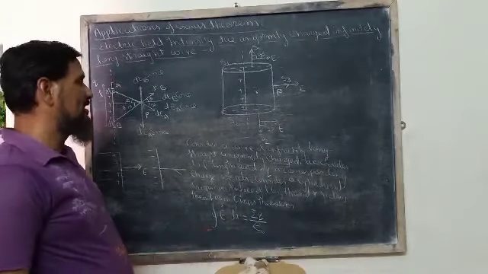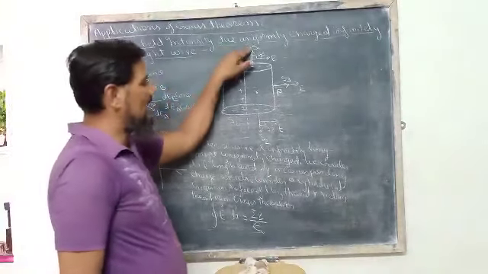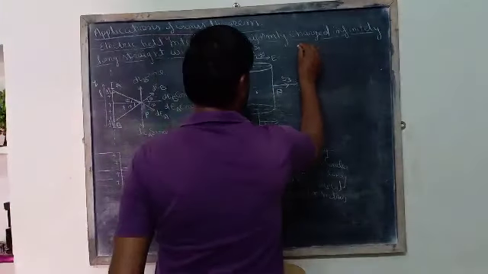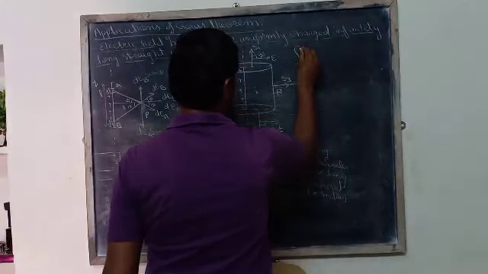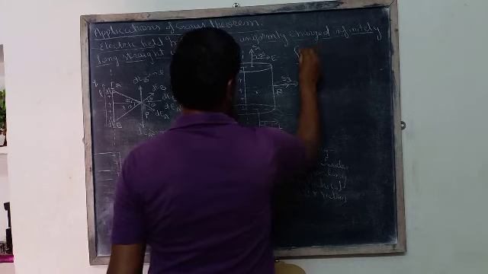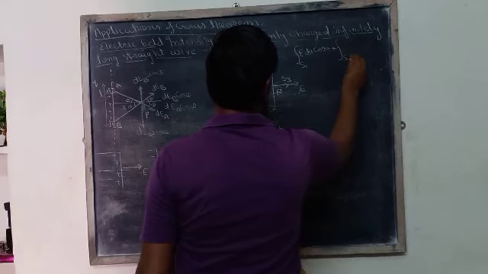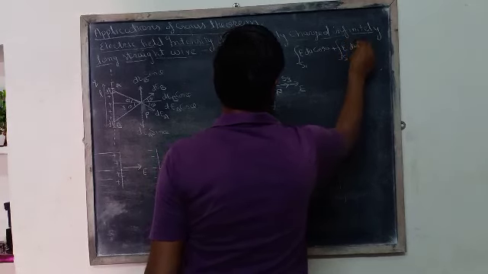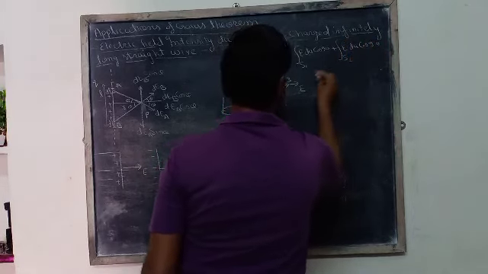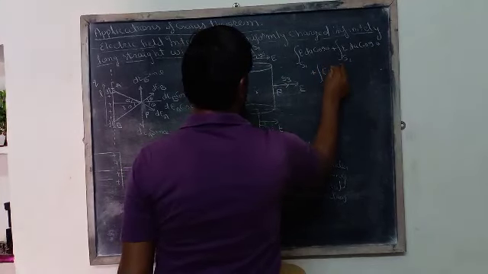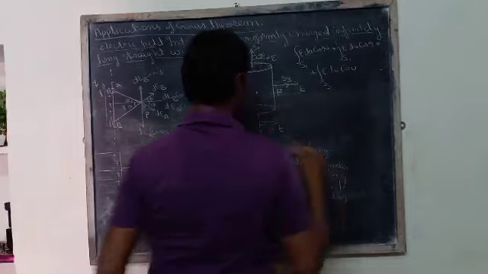Now the whole surface is divided into three surfaces, S1, S2, S3. So integral over S1 of E dA cos 90 plus integral over S2 of E dA cos 90 plus integral over S3 of E dA cos 0.